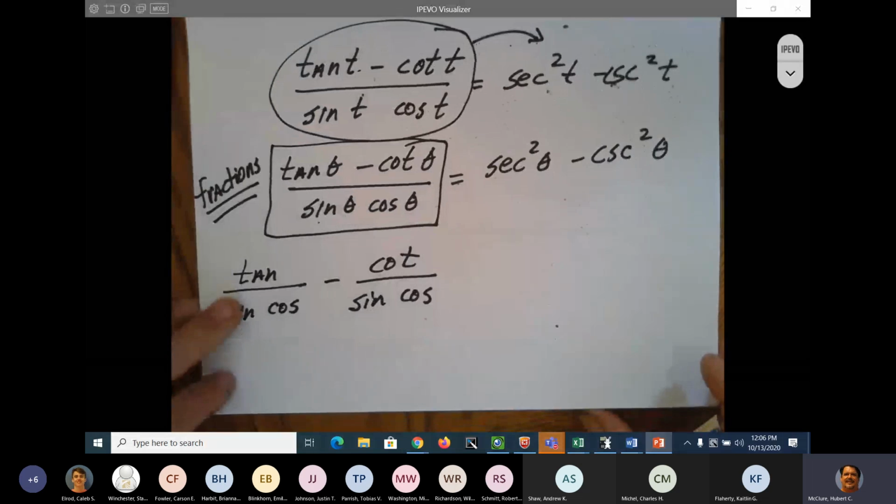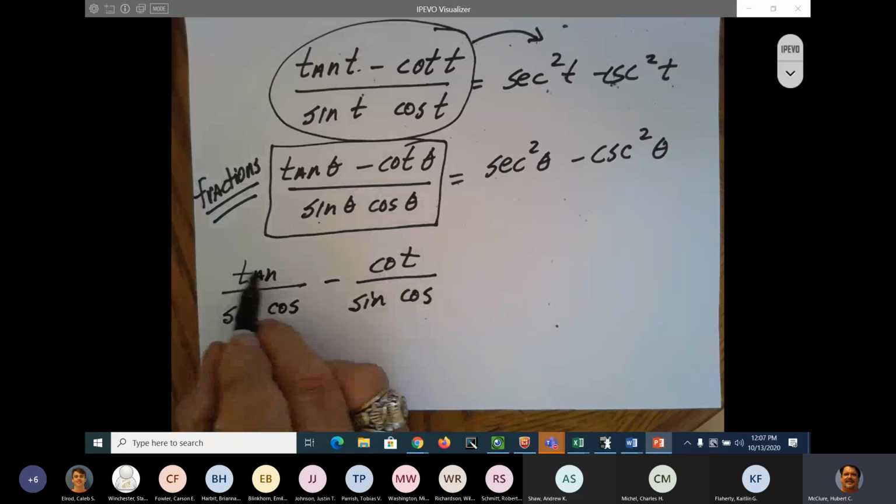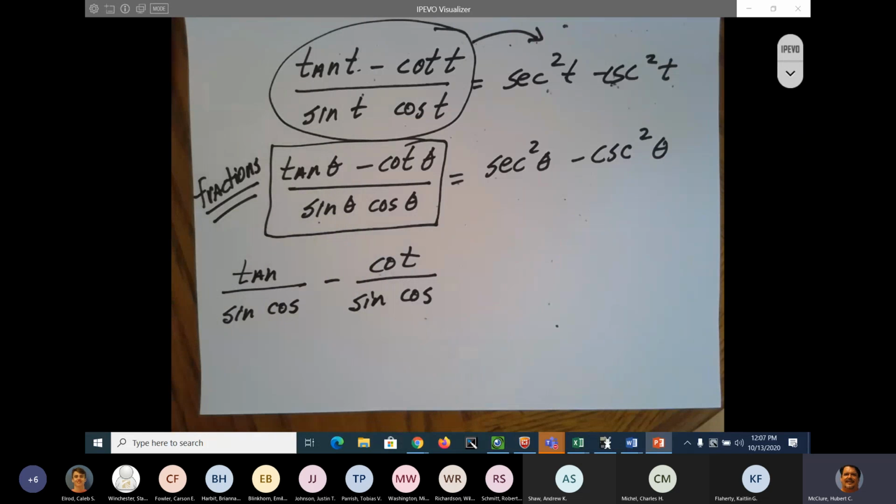Okay, so I can rewrite this, and remember, if I could get tangent and cotangent, maybe I could rewrite those as what? Sine over cosine and cosine over sine. Yeah, maybe. Let's try that.